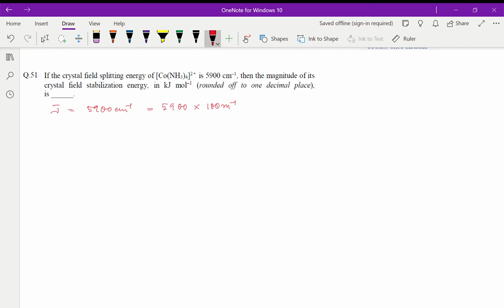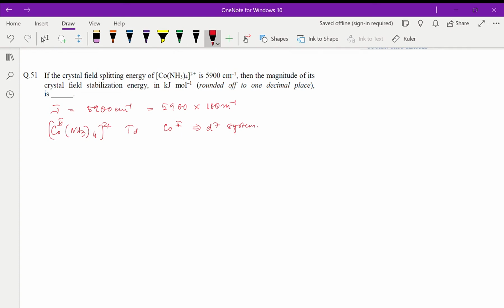So over here the complex is [Co(NH3)4]2+, so it is a tetrahedral complex. The oxidation state is 2, so cobalt here is a d7 system.